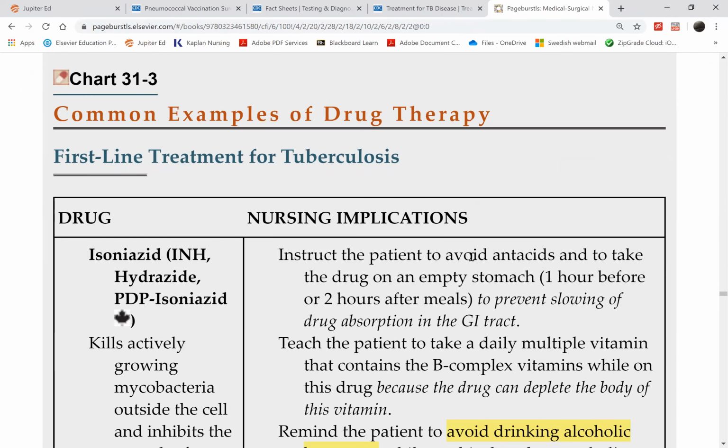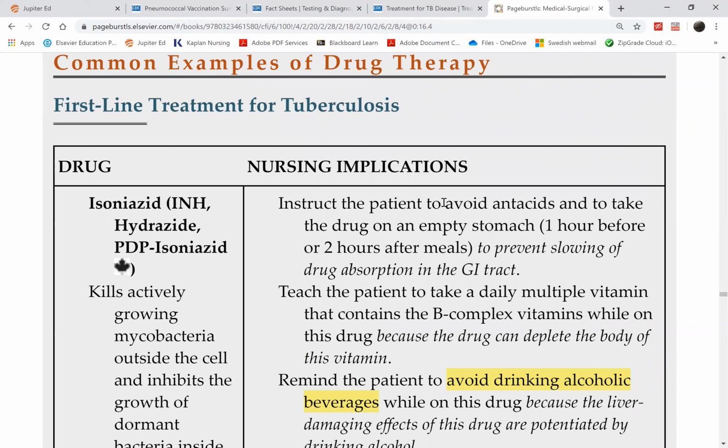And this drug also tells you, well, this is a given. You're not supposed to take any drug with antacids anyway. But this one, you take it on an empty stomach. So please read the details. Questions. So there will be a question on each drug. And this one interacts with oral contraceptives, so take note of that.